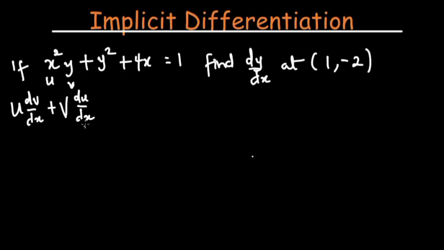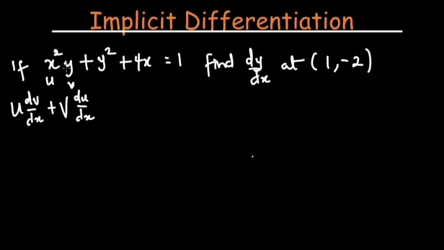You can check out my video on the product rule to understand this if you have not understood it well, and I'll leave the link to that in the description below. Now you could say v du dx plus u dv dx. Either can come first. So the rule is just simple.